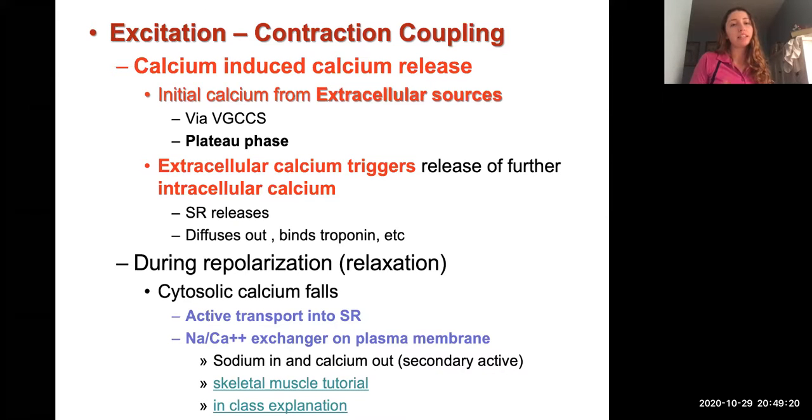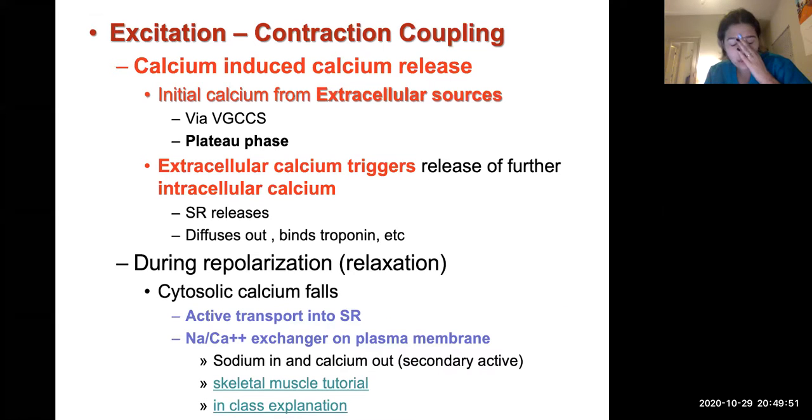But basically, when the calcium binds to the door on the sarcoplasmic reticulum, that door will open and allow the calcium out of the sarcoplasmic reticulum onto the troponin, and then it will cause those things to move so that the actin and myosin can contract and allow for contraction of said parts of the heart.